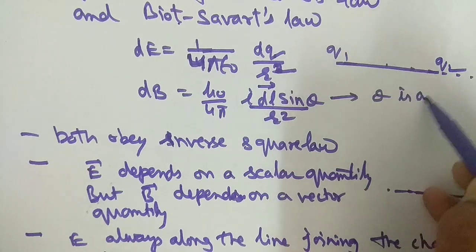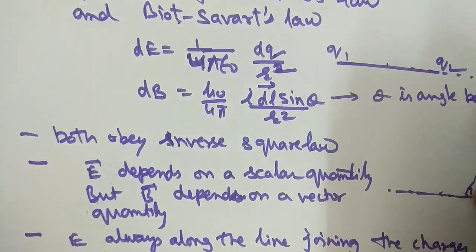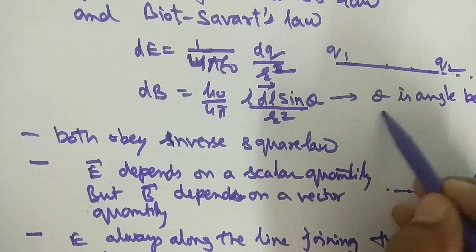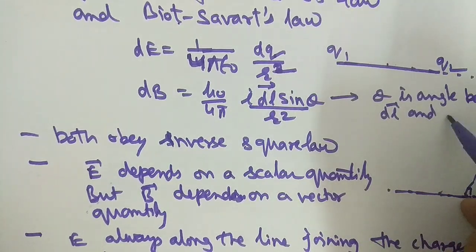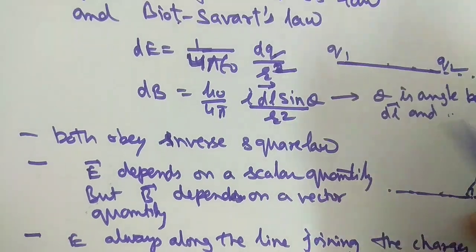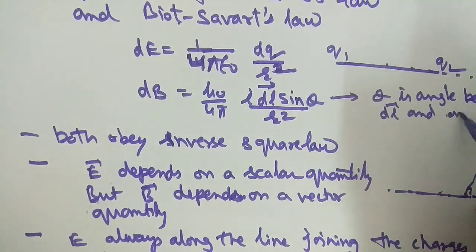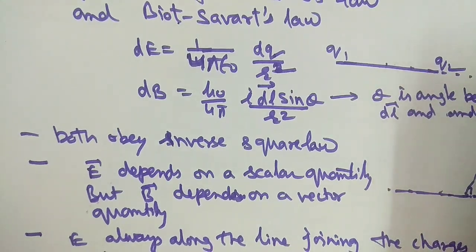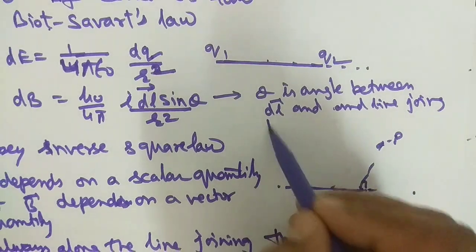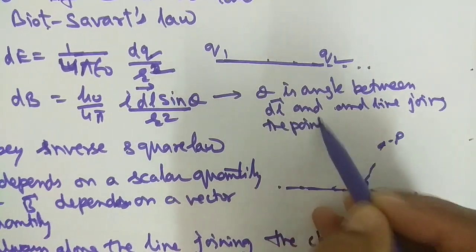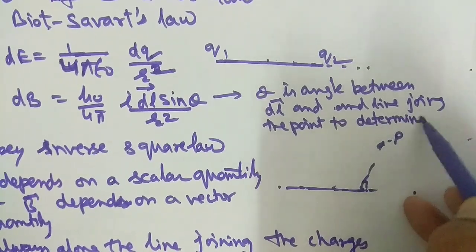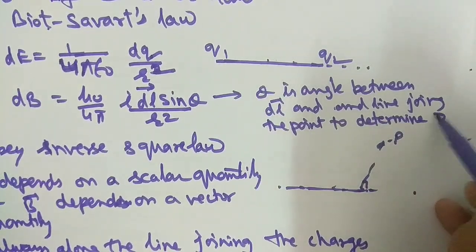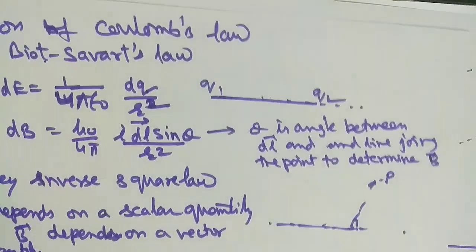Theta is the angle between dl and the line joining the point, to determine B.